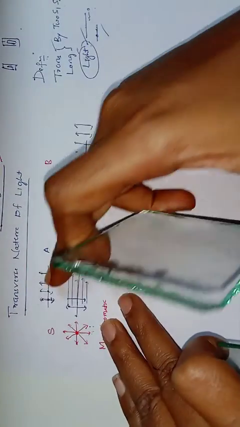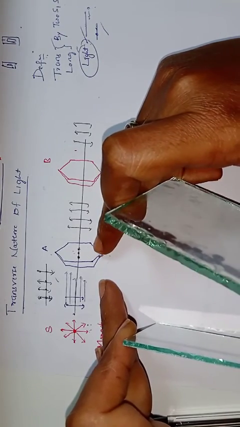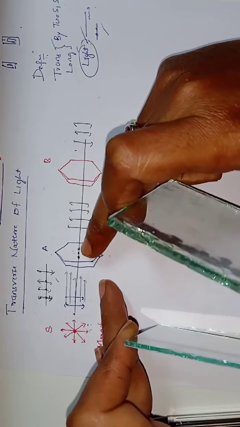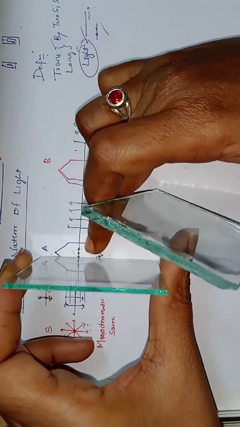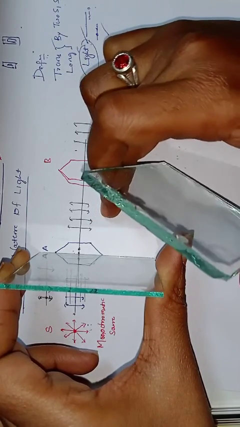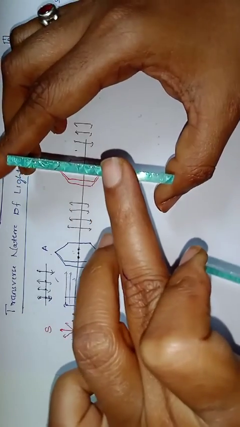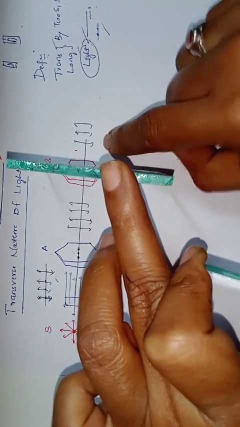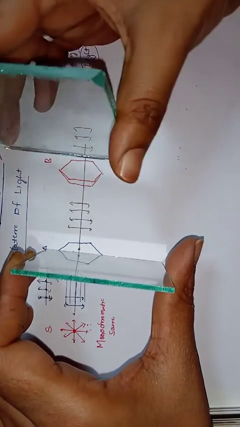The type perpendicular to the plane of vibration has been absorbed by crystal A, so only the plane vibrations pass. If plane vibrations pass through crystal B, the outcome will again be plane vibrations.